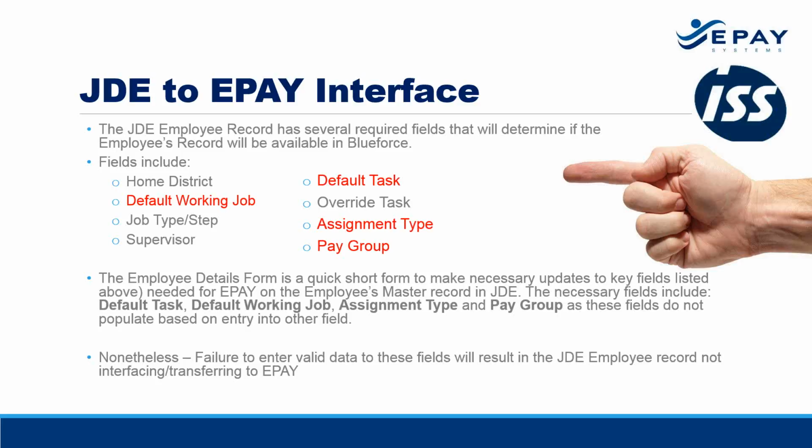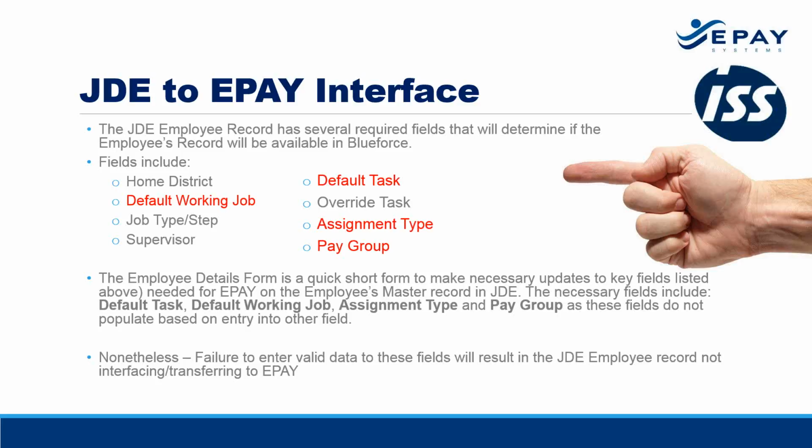Of the 8 fields noted here with the bullet points, the 4 in gray are driven off of other fields or may or may not be needed, like in the override task. But the ones in red are highlighted because they don't populate based on any entry into other fields. So you have to validate and make sure the right information is being keyed into those fields.